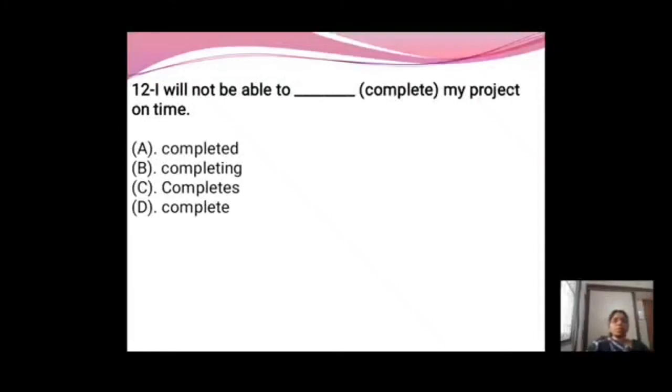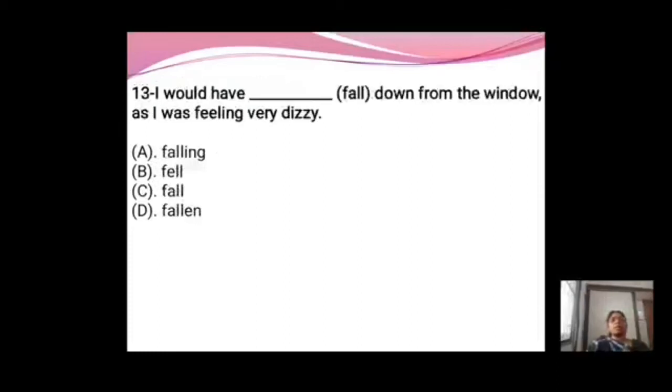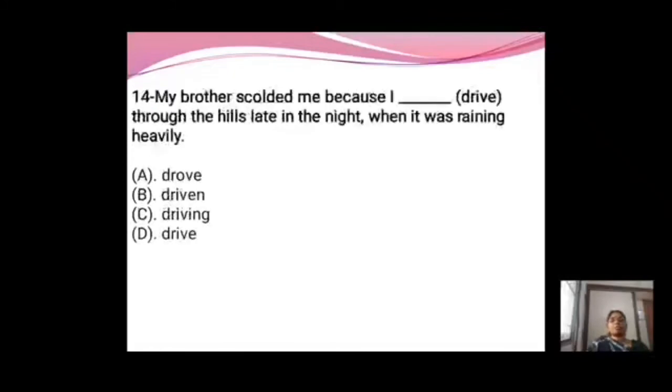Completed, completing, completes, complete. The 13th question, I would have dash fall down from the window as I was feeling very dizzy. Falling, fell, fall, fallen. Right? What is the answer? You discuss and tell me.